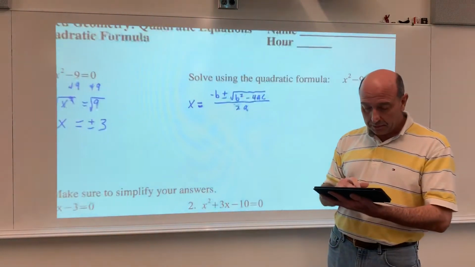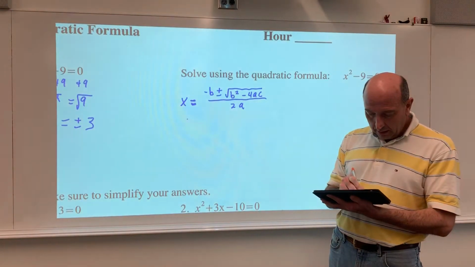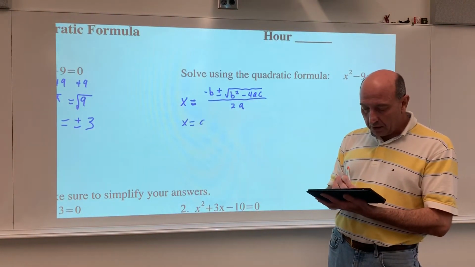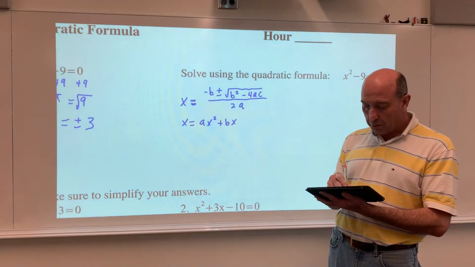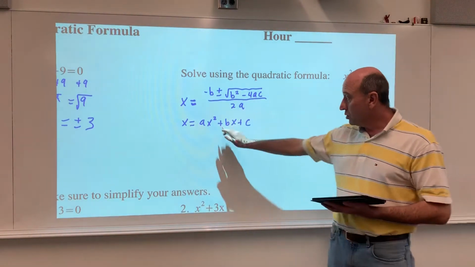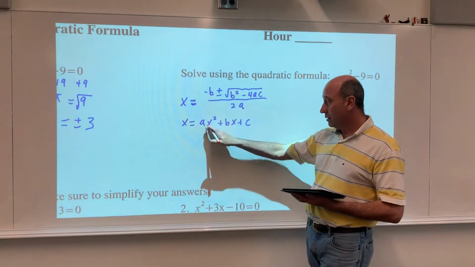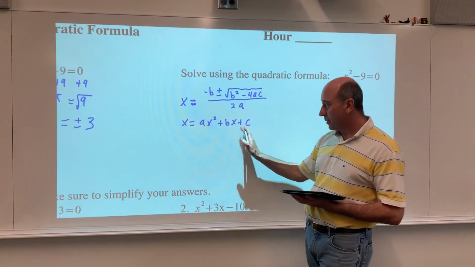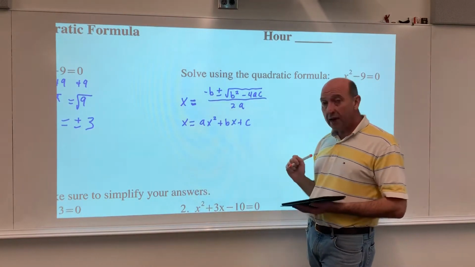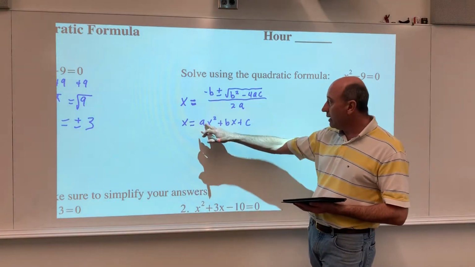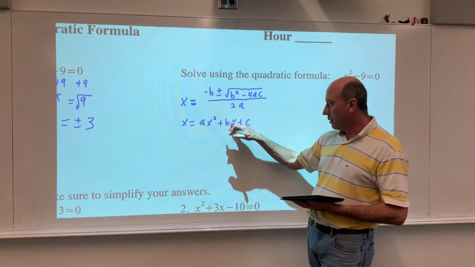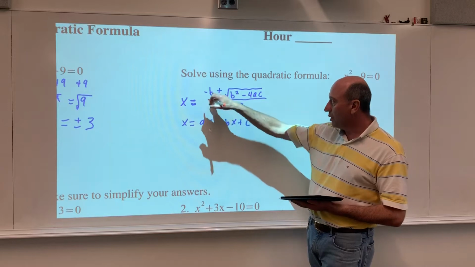Good question. If you have something x squared plus something x plus something, so this is descending order, x squared, x, and a number. The number in front of the x squared, we're going to call a and put it there and there. The number in front of the x we'll call b, we'll put it there and there.